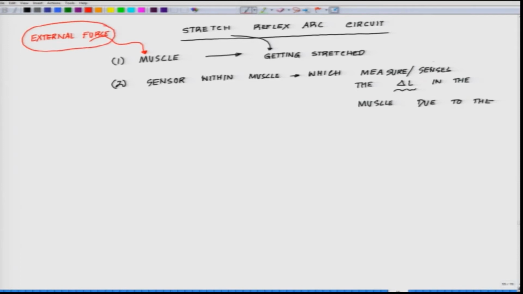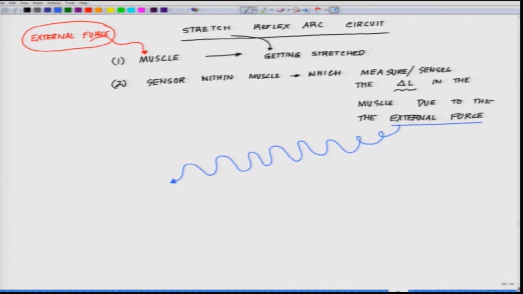So, it measures or senses the change in length in the muscle due to the external force. Now, next it relays the signal through a pathway after sensing this change in length.